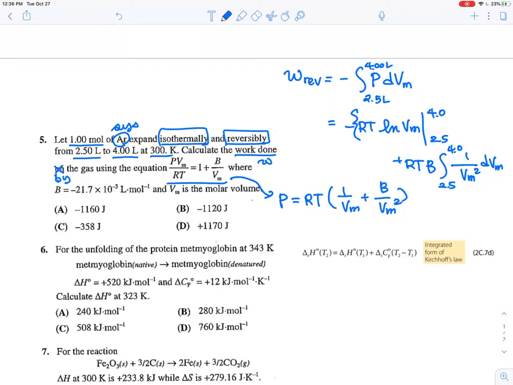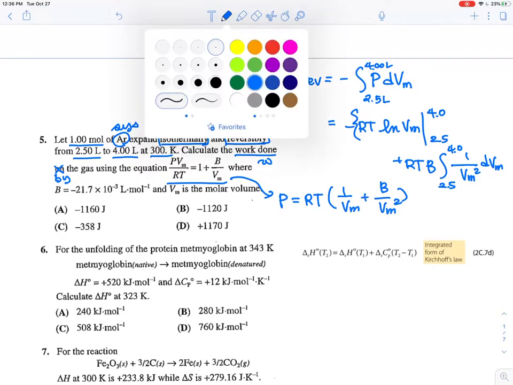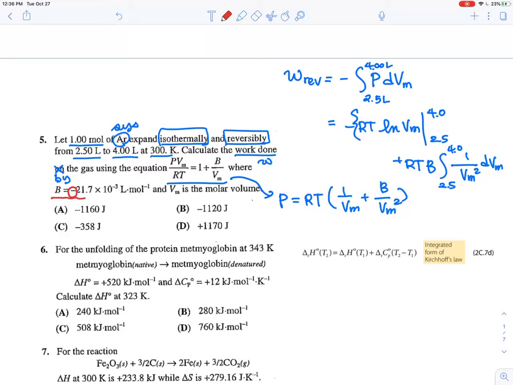Let's have a look at this. The B value is a virial constant, and the virial constant shown up here is negative. That means this pressure value is a negative correction, so the pressure is lower. Pressure is lower, which means the work will be less than the ideal gas amount of work. So the whole thing has a negative sign. That's how I want to solve it.